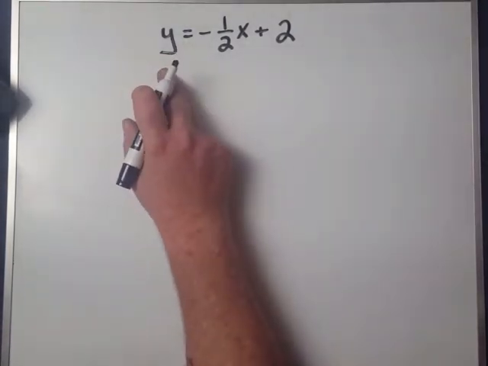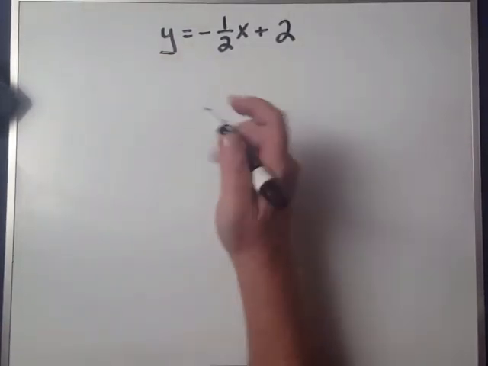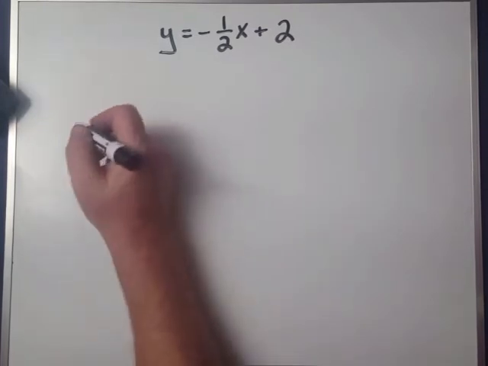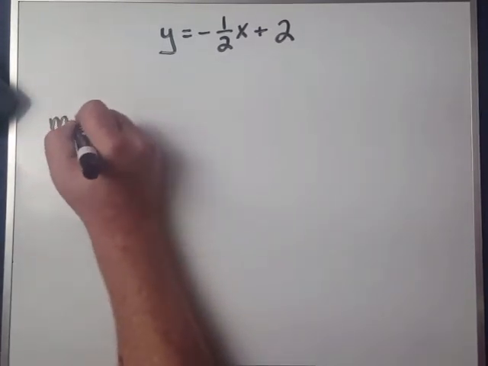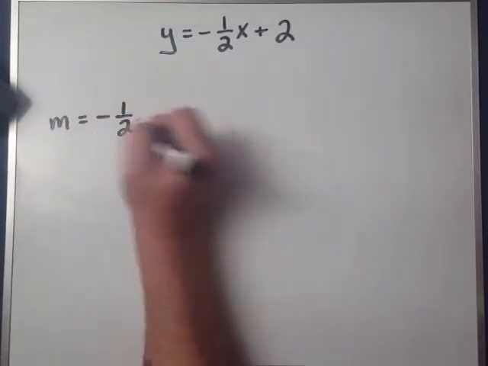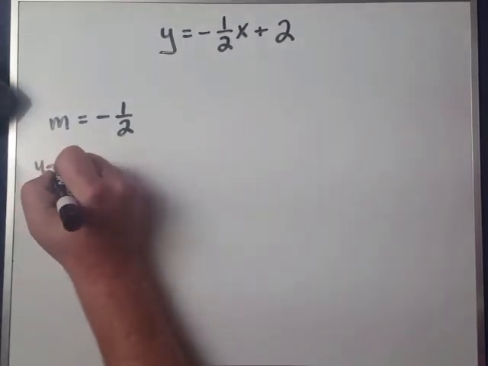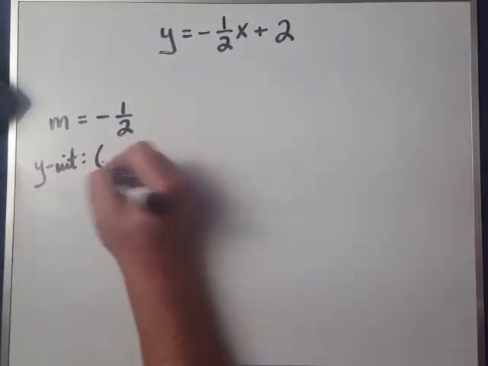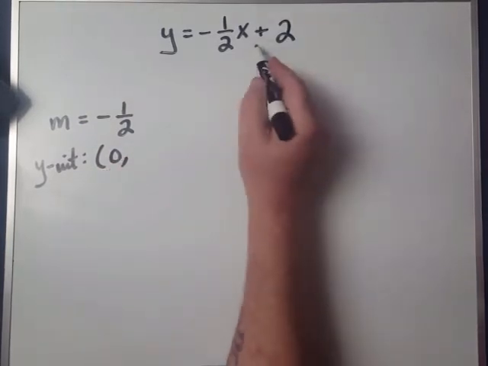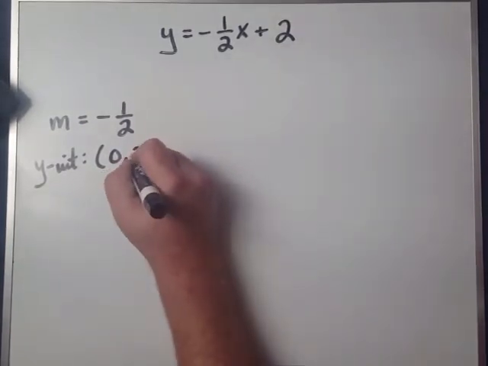This is already solved for y, so I can see my slope and my y-intercept just sitting there. My slope is the coefficient on x, that's the negative 1/2. My y-intercept is the point 0 comma what's being added here at the end, a positive 2.